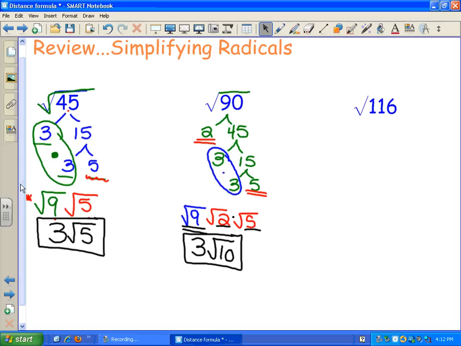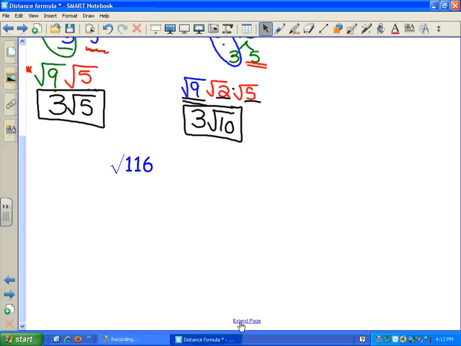Welcome back. So let's look at breaking down the square root of 116. When I do my factor tree, I know 2, and hopefully you're getting 58, because 2 times 58 is 116.